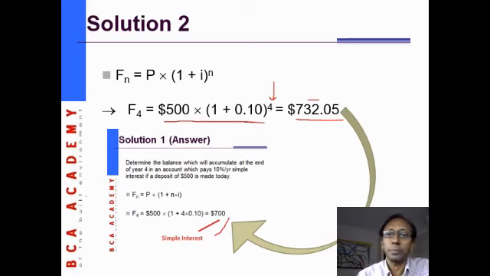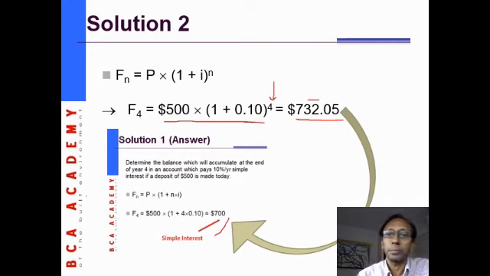(1 plus I) to the power of n. So if I take the principal value, which is what you are putting in the bank today, and multiply by a big equation which we call a number, a factor. We call this a factor. (1 plus I) to the power of n is called a factor, the factor applicable to compound interest.